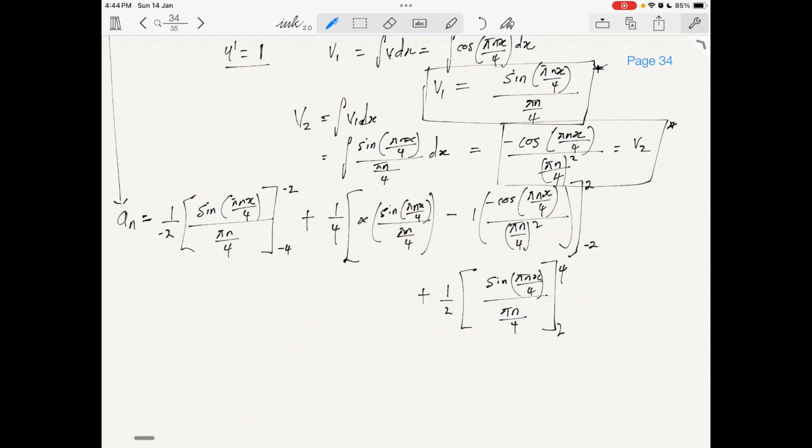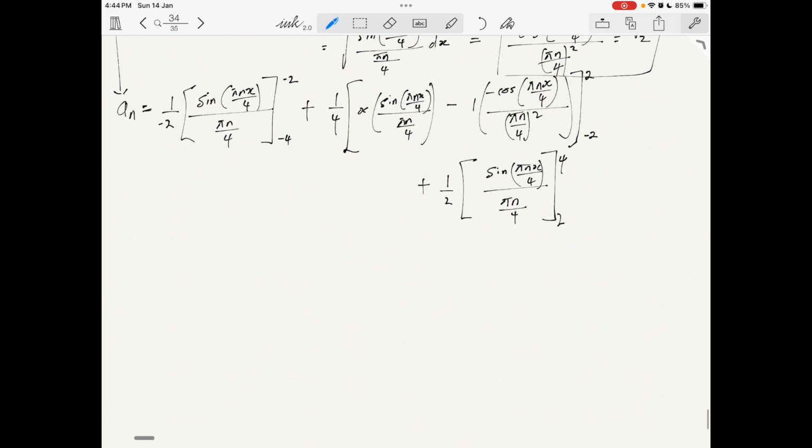So having done this, we can now solve. It's looking a bit complicated, but let us simplify the brackets before we put in our upper and lower limits.